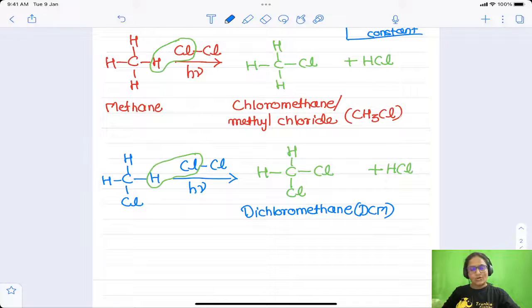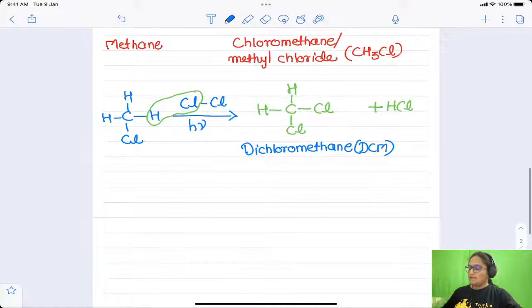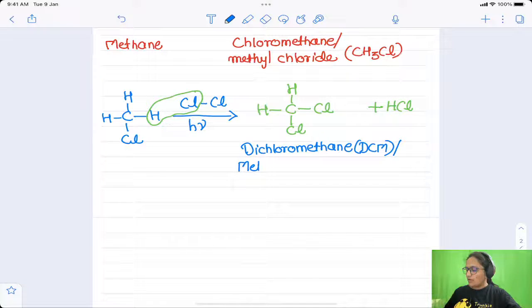They don't like water, they are not dissolved in water. So to dissolve such compounds, we use an organic solvent which contains carbon and hydrogen or any other element like chlorine here. So DCM is a very good organic solvent, dichloromethane, and there is one more name to this, methylene chloride.